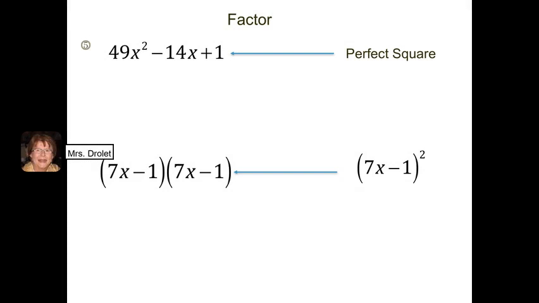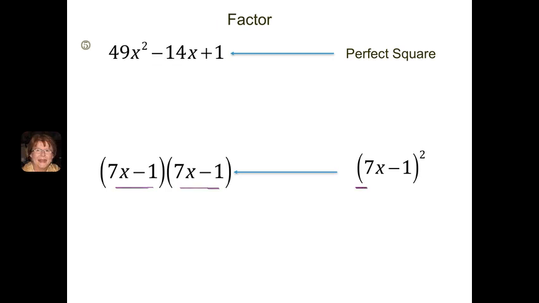Do you remember before we said 49 was a perfect square? Why is 49 a perfect square? Because 49 is the same as 7 times 7. 49x squared minus 14x plus 1 is a perfect square. Why is that? Because when we factored it, we have two factors that are identical.